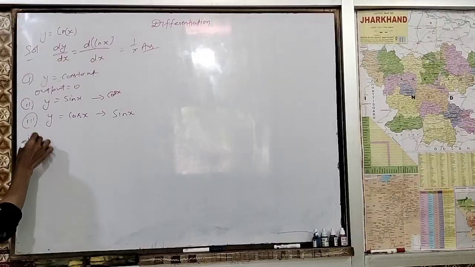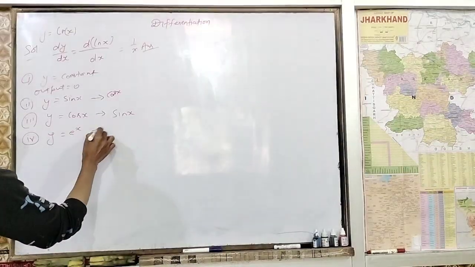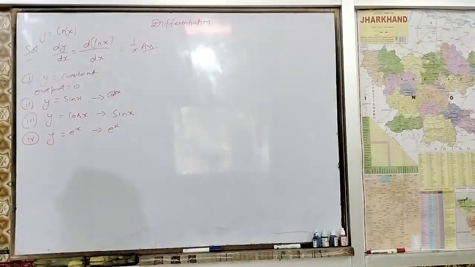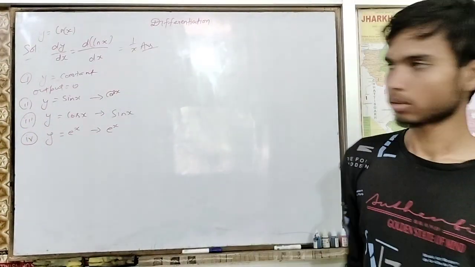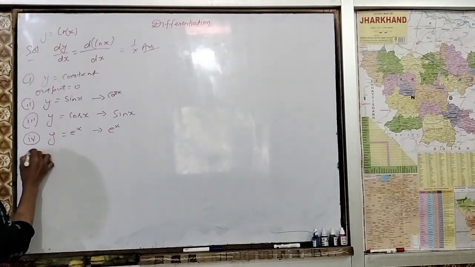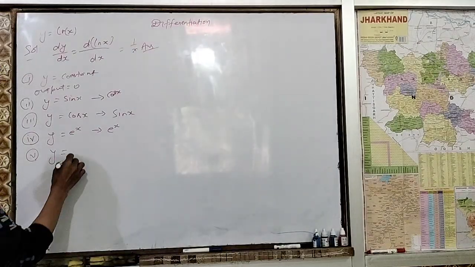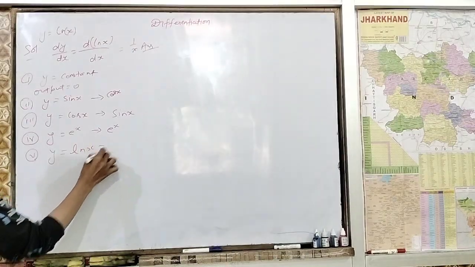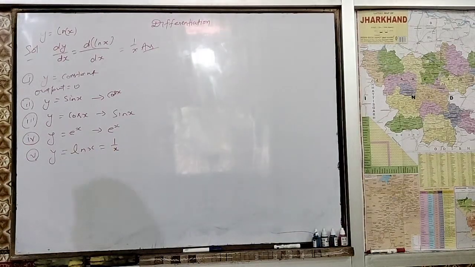But we saw that if y is e raised to power x, then it will be written as it is, as e raised to power x. Next, we saw if y is ln x, in that case just reciprocal of x will be the output. Clear?